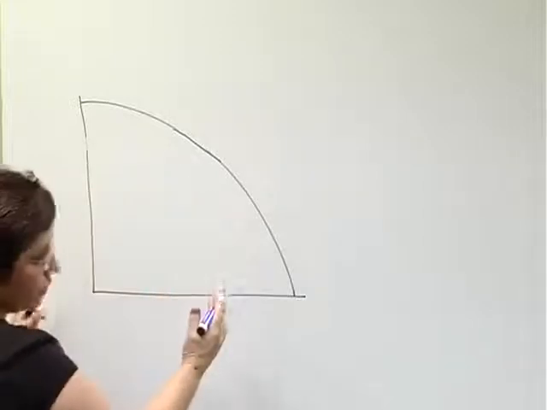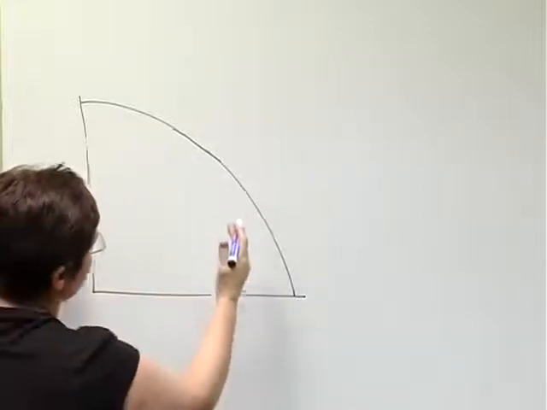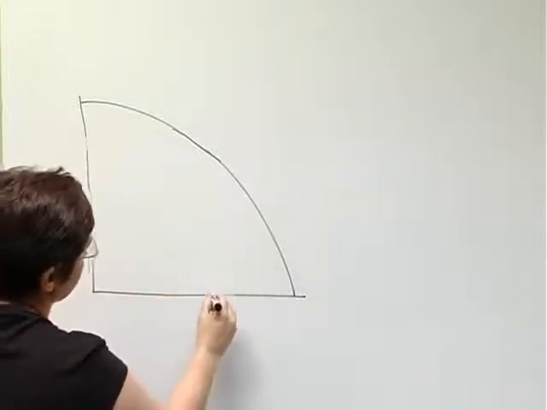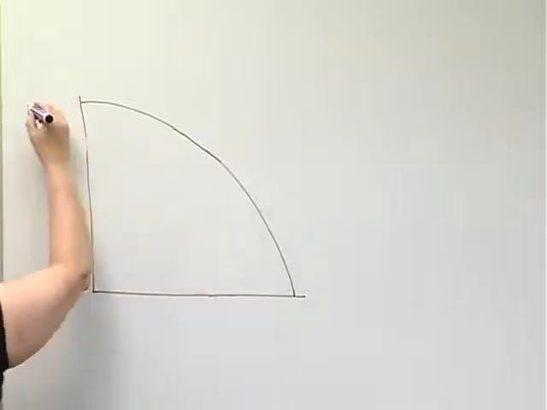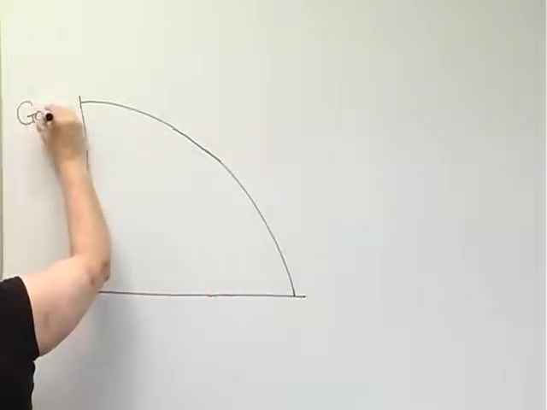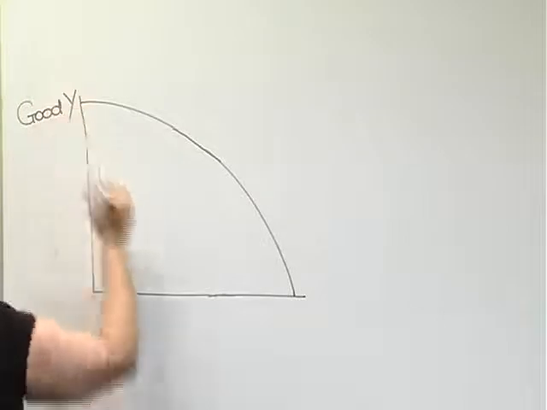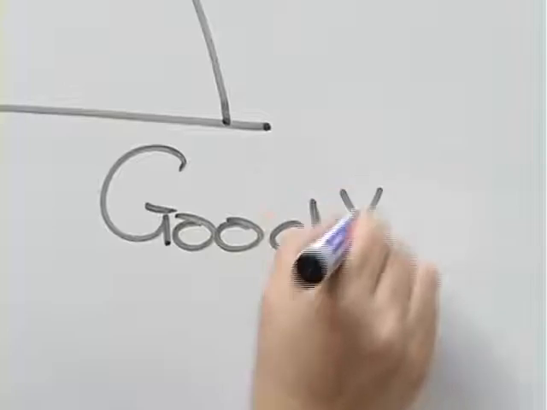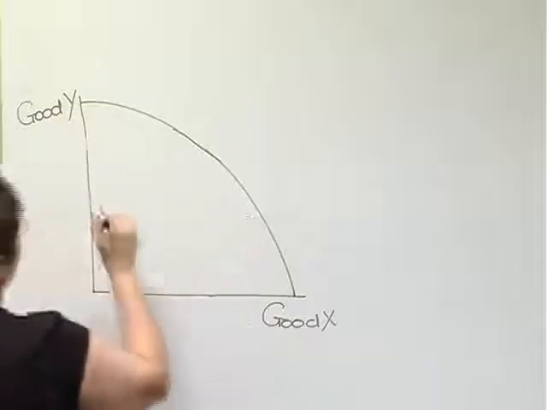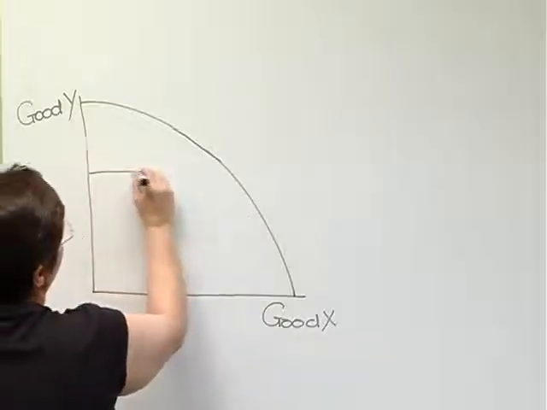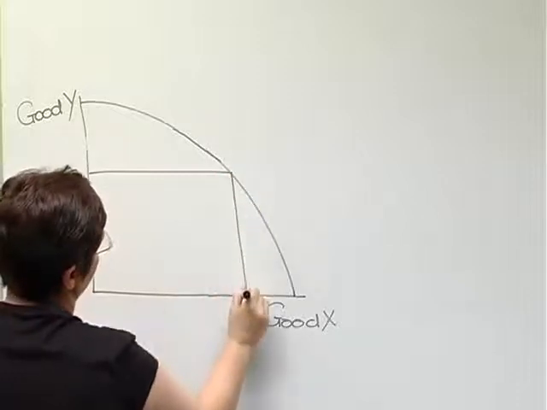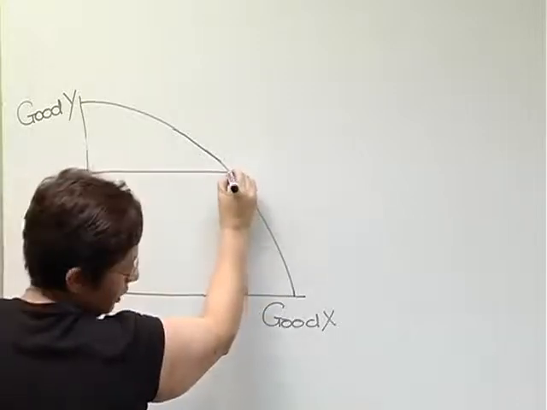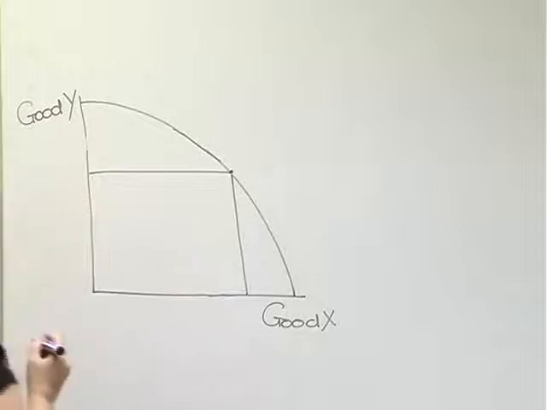I transfer the Edgeworth-Bowley box into the space so that it has equal distances. Good Y, good X. Looks equal. And what I'm going to draw inside is then the efficiency in consumption.